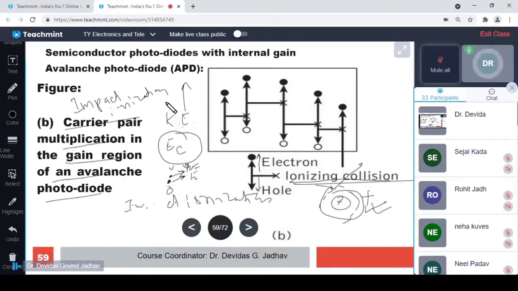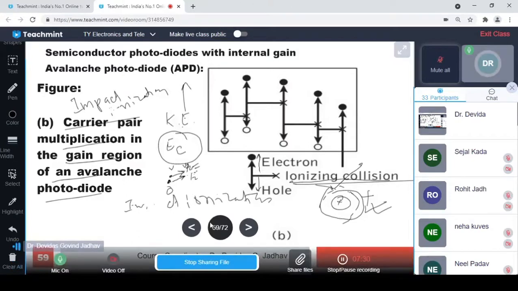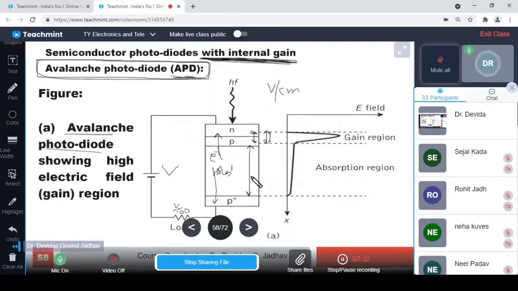Now, what is the total action? There is one photon incident here in the intrinsic region. This photon is, suppose, hf, which has energy more than the band gap energy. Then this one photon generates one electron.